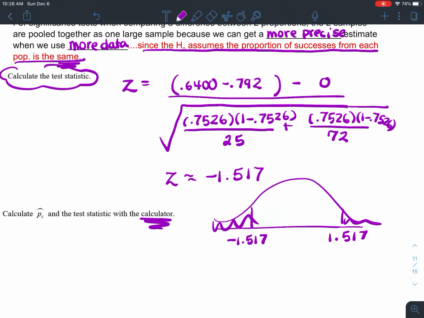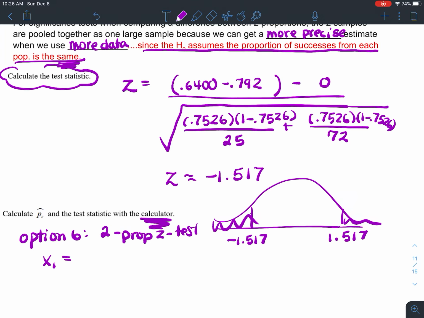Now, we're going to do this on the calculator, and in all honesty, if you're doing any free response questions like this, you should be using the calculator feature for this. So on the calculator, what we would end up doing is you would press that stat button, you would bump to the right to the test menu, you would see that it is option number 6, and it is called 2-prop z-test, as we said before.